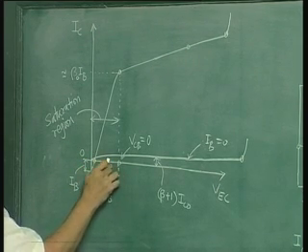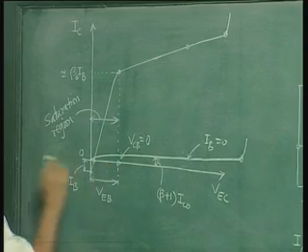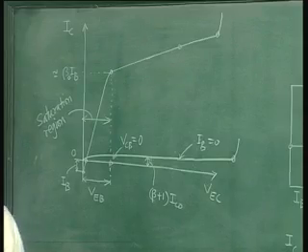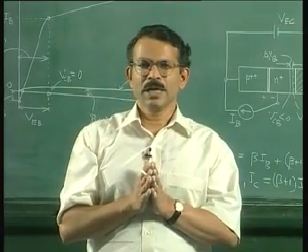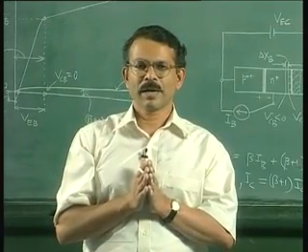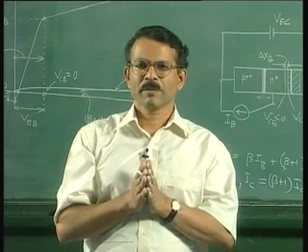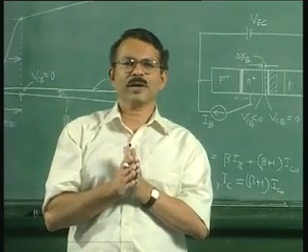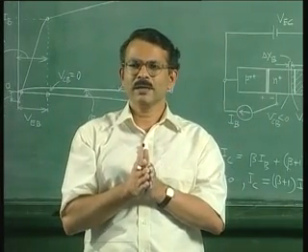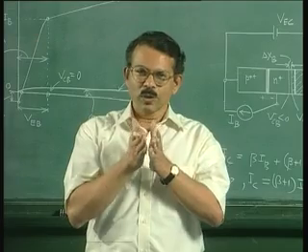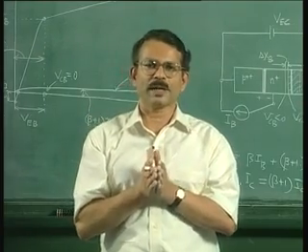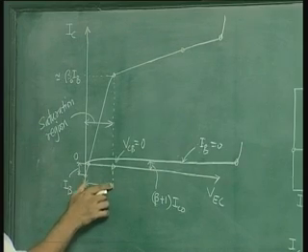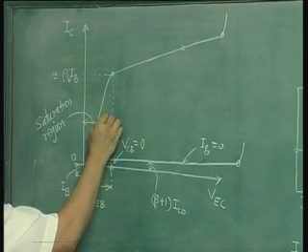That point is also going to shift left, because for a smaller value of IB, the collector base voltage equal to 0 condition, when it occurs the emitter base voltage will be smaller. For small value of IB the emitter base voltage that you have to maintain to give the particular value of IB is smaller, so your point will shift left.